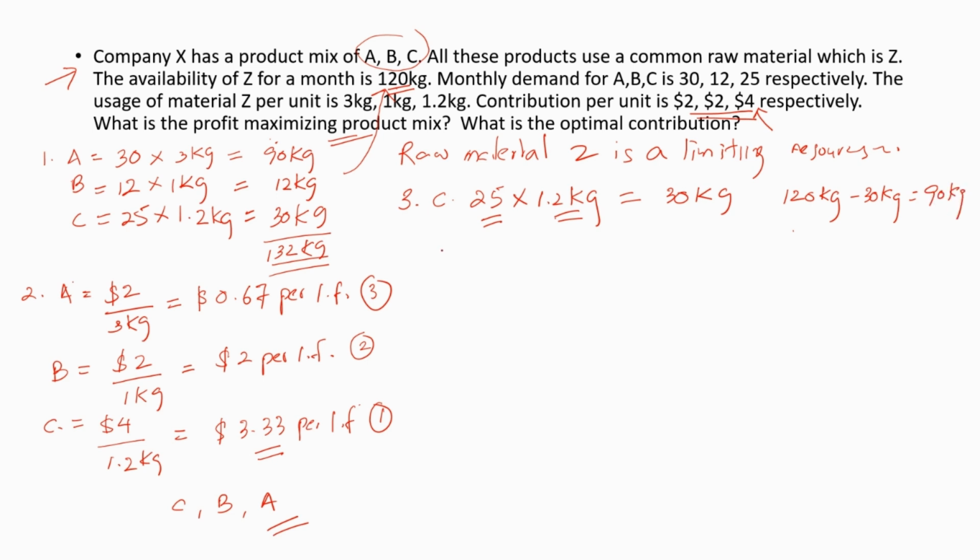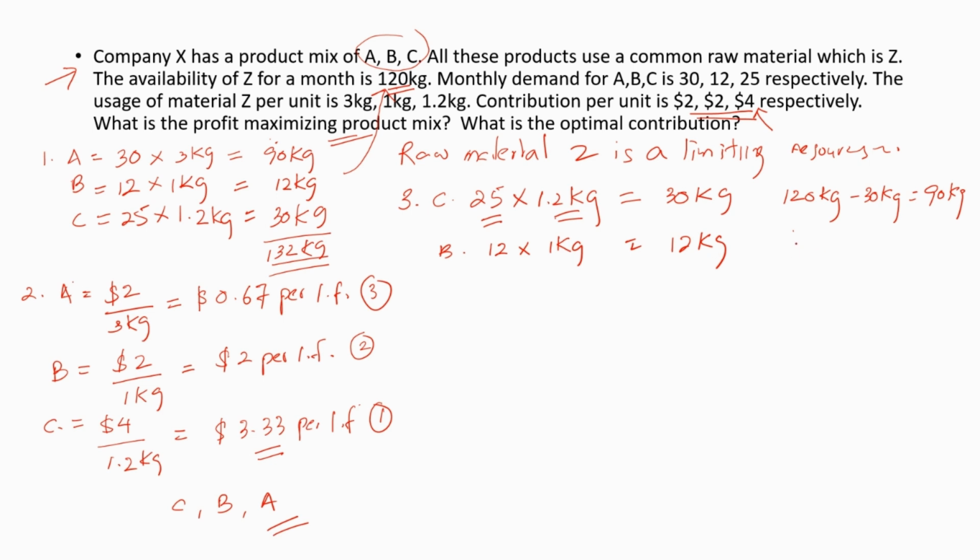Now let's give the priority to the second highest contribution per limiting factor product, which is product B. The demand for product B is 12. To produce 1 unit of product B, we need 1 kilogram of material set. So this will take 12 kilograms of material set in total.